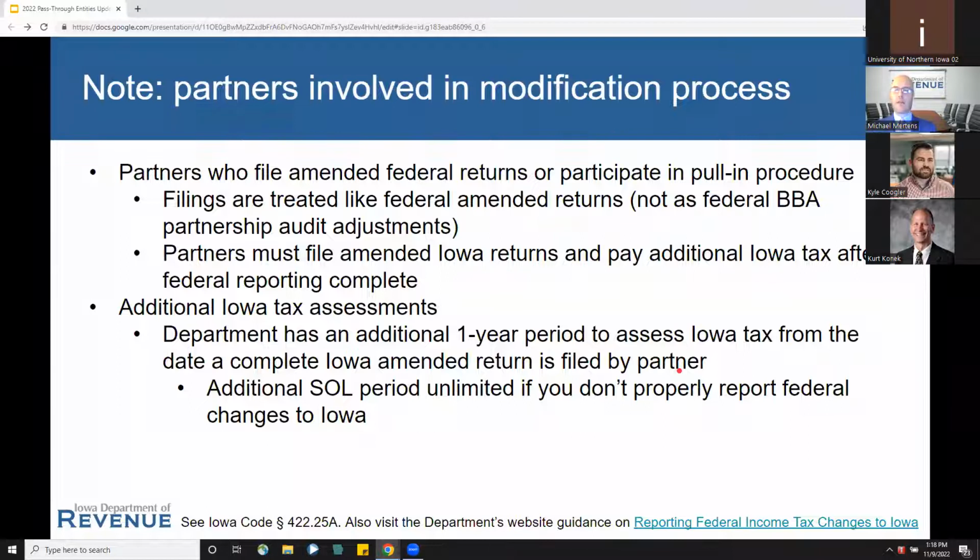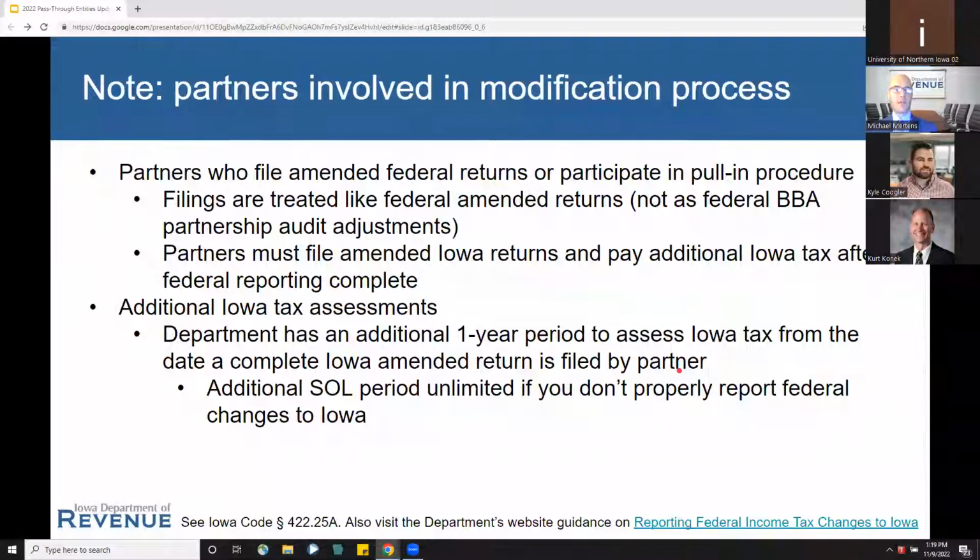A quick note on that modification process I described before the imputed underpayment is finalized. When that occurs, when those partners file amended federal returns or they participate in that pull-in process, under Iowa law, those are treated like federal amended returns, not as audit adjustments.